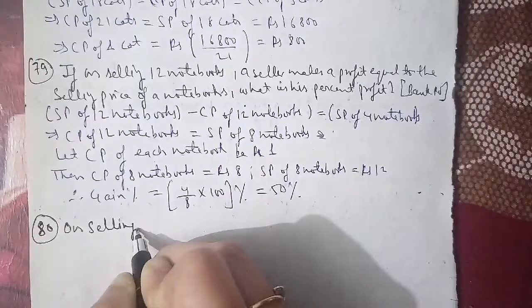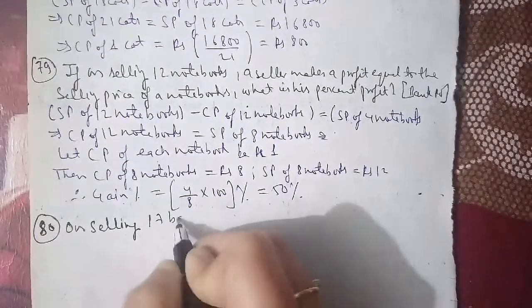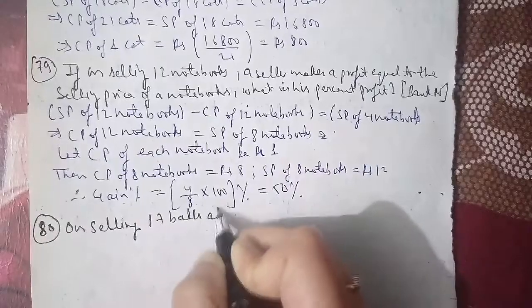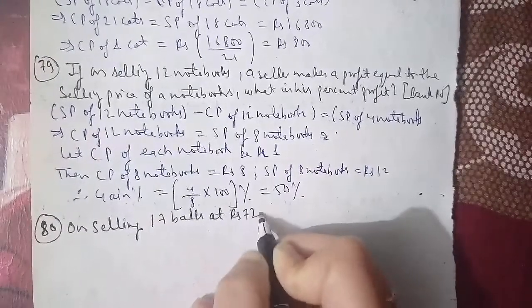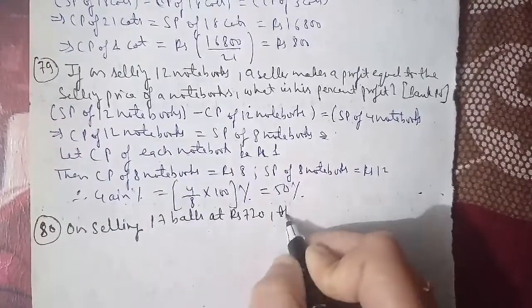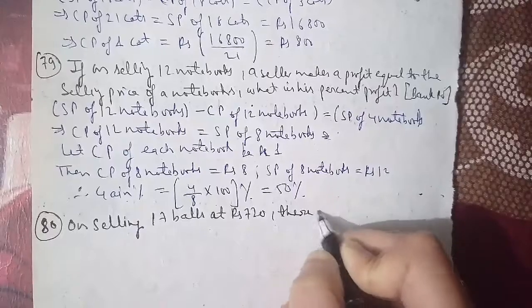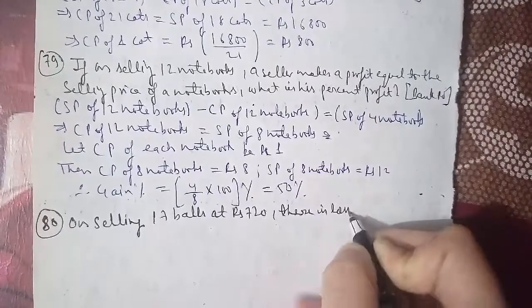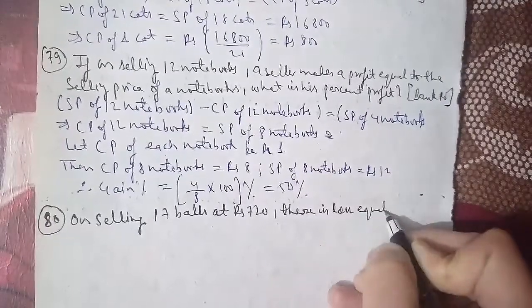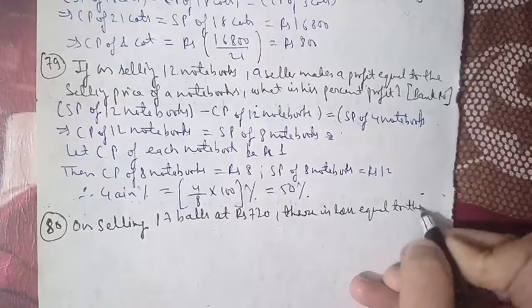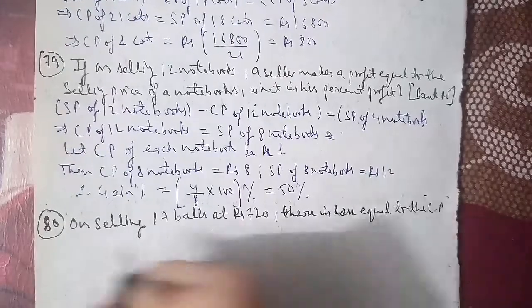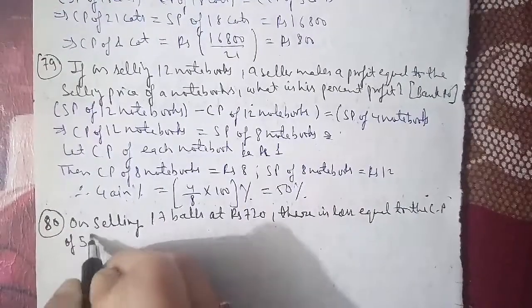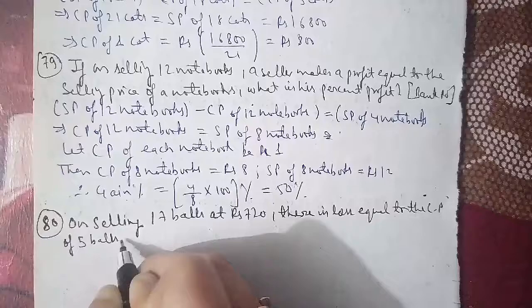On selling 17 balls at rupees 720, there is a loss equal to the cost price of 5 balls.